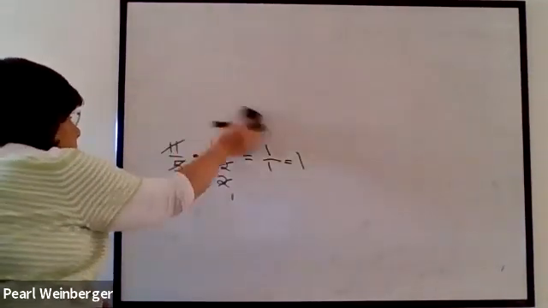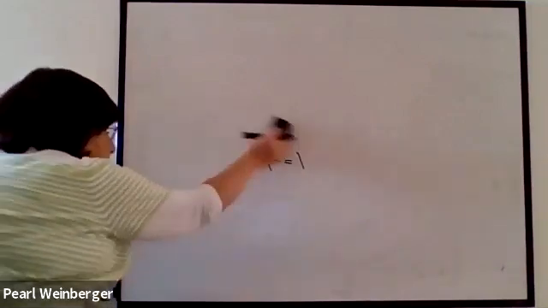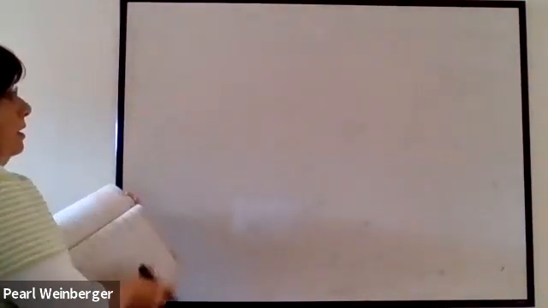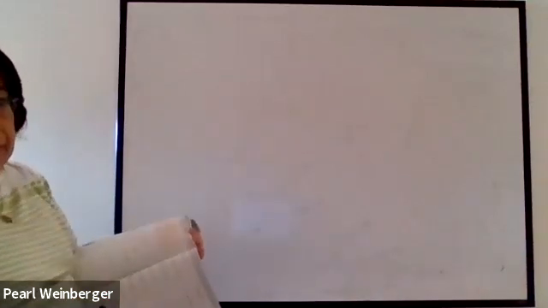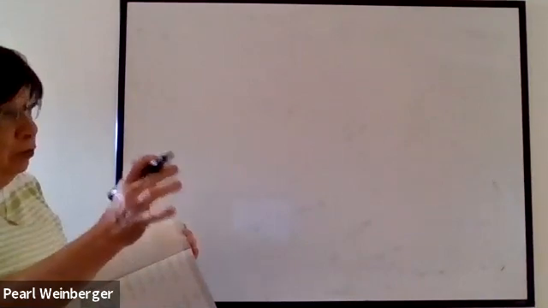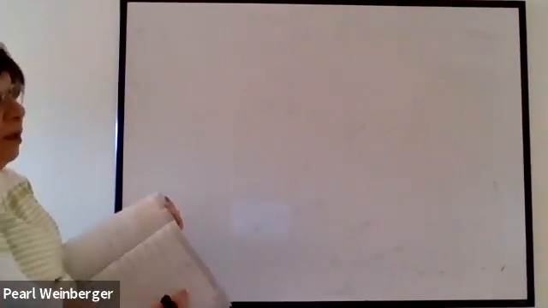First, I'll do a multiplication, then I'll do a division, and then I'll give you one to try. Again, make sure you have a lot of paper. You want to give yourself room because if you do it messy, you're going to mess up.